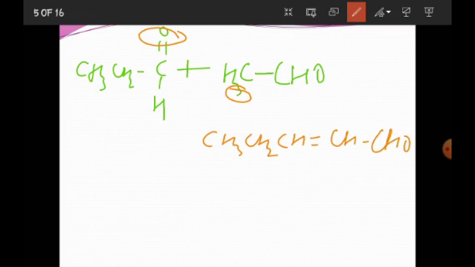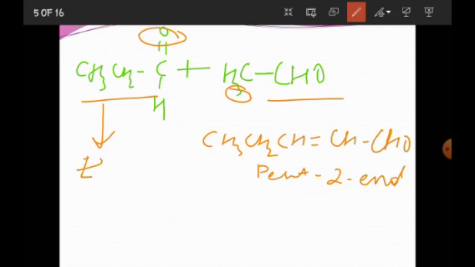Okay. And this is what? A cross aldol product, because one is propanal and one is ethanal. Okay children, and the name for this will be pent-2-enal. Okay, now in this case, this will be the electrophile and this will be the nucleophile.